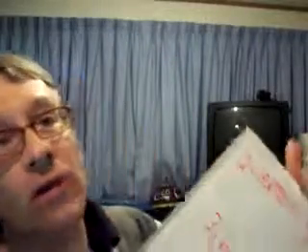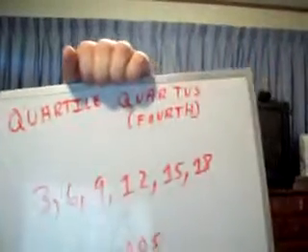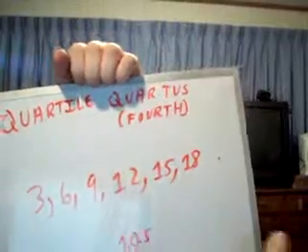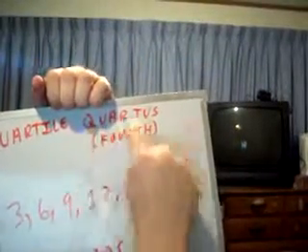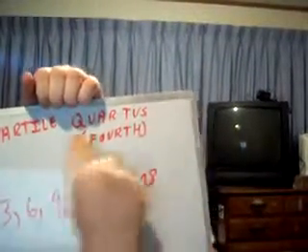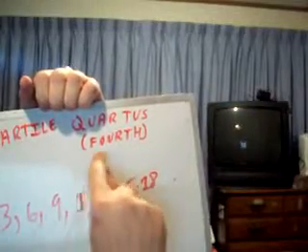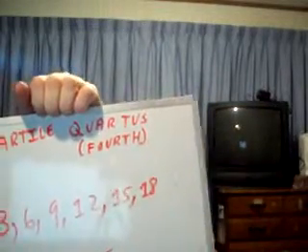What in the heck is a quartile? Well, we have to go back to our Latin etymology, which I have covered in previous videos, and it goes back to the word quartus. Now, the word quartus in Latin means fourth. Okay? Now, you say, well, I still don't understand. Don't you guys buy quarts of milk at the grocery store?